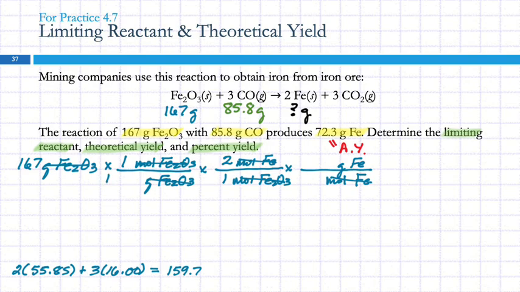1 mole, 159.7 grams. At the other end, we're dealing with an element, so we just pick its mass off the periodic table. Just double check that I'm remembering that correctly. So we've got all of our numbers.